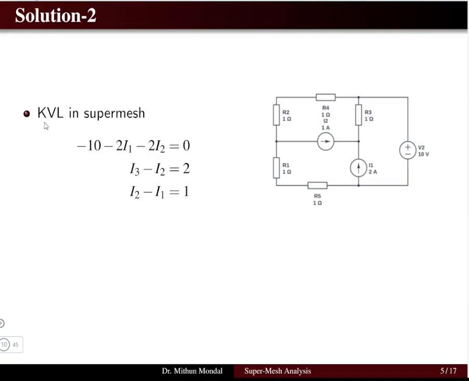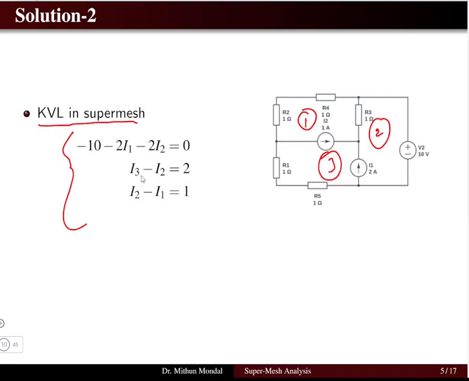If we write the KVL equation in the super mesh combining the 3 meshes, we can write the equation combining all the 3 meshes. So we can take this one as mesh 1, this one as mesh 2, and this one as mesh 3. Taking that convention, we can write the KVL equation.